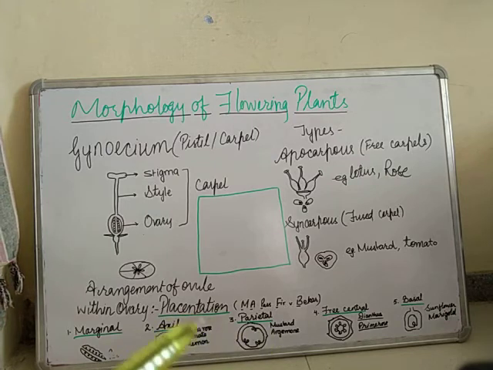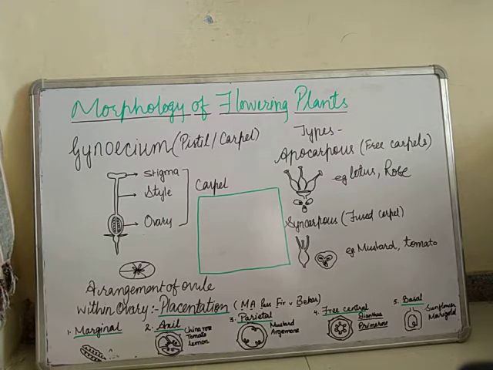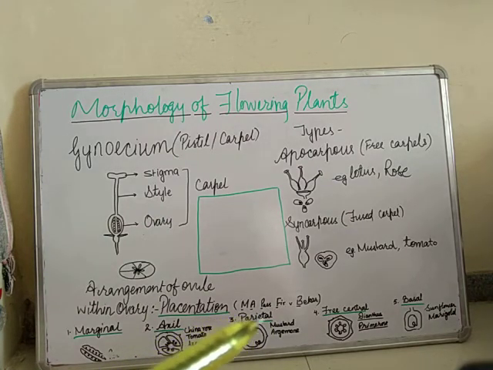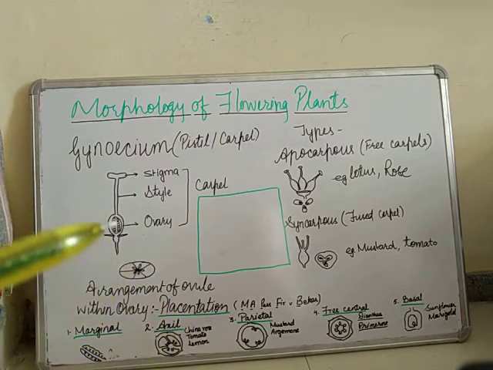In parietal, you can see the seeds are borne on the margin, and later on a false septum can be formed, which can look like a septum but actually is not the true septum.